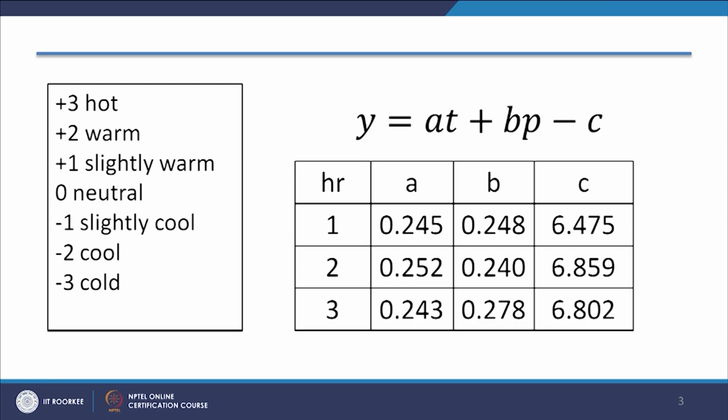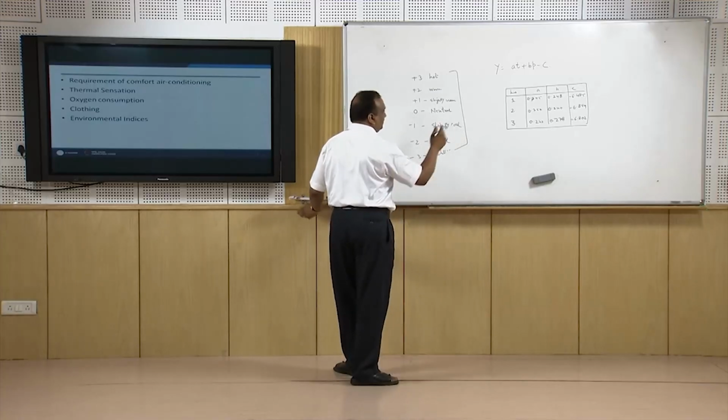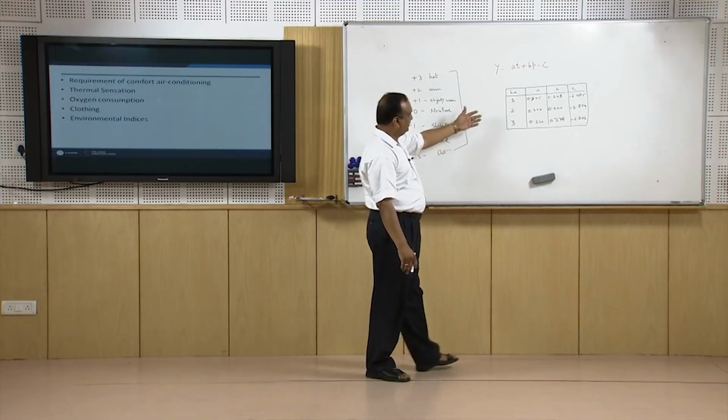If exposure is for 3 hours, then 0.243, 0.278 and minus 6.802. So Stroker has simplified this.